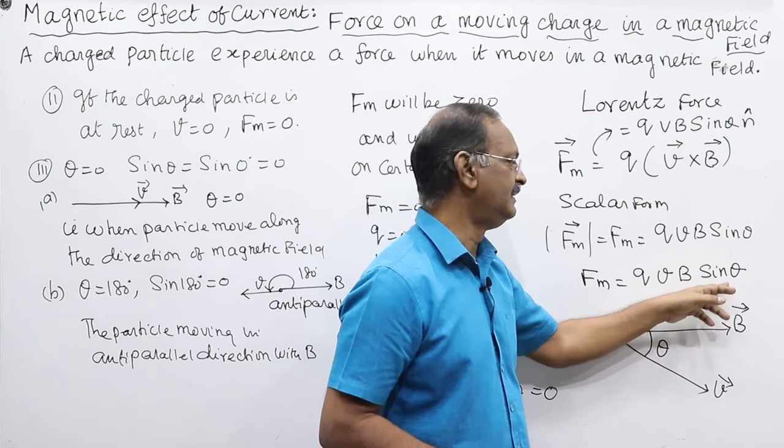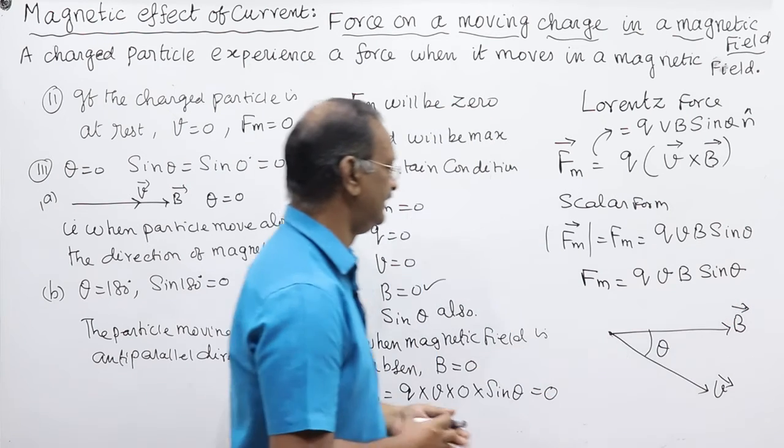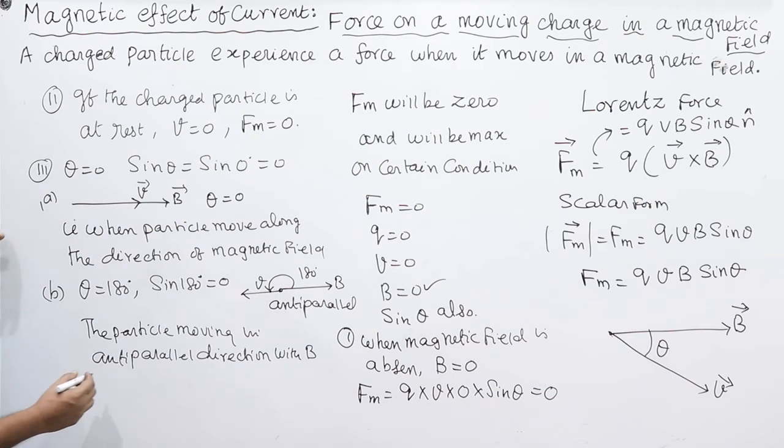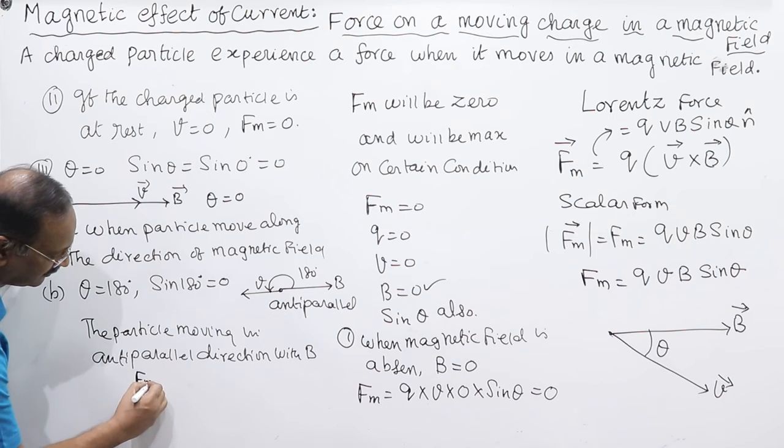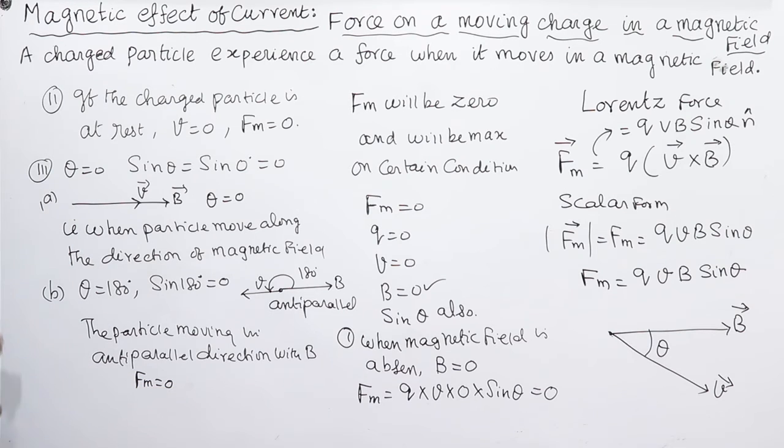If theta is equal to 180, sine of 180 is equal to 0, in that case also, magnetic force is equal to 0.